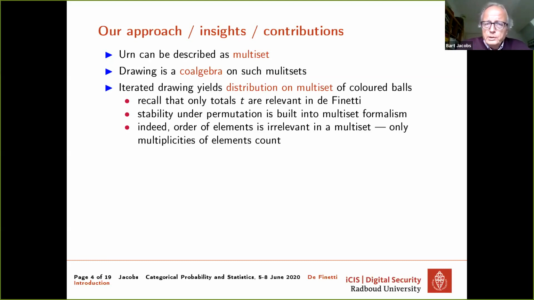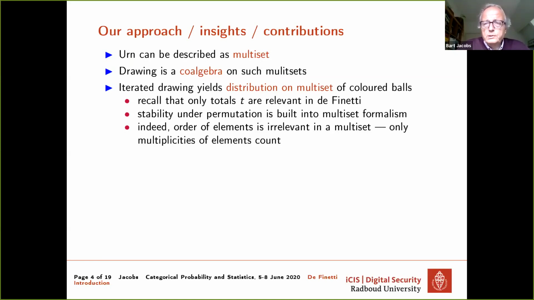And iterated drawing yields a distribution on multisets. So we're now putting structure on top of each other: distributions on multisets of colored balls. And as I emphasized already, the total number t of the drawn balls is relevant, not their order.